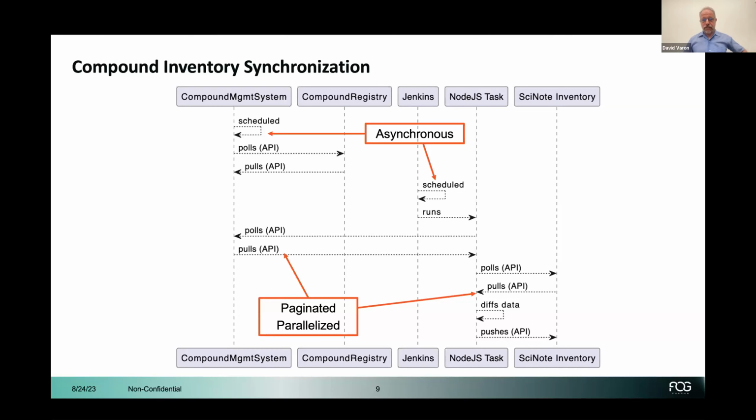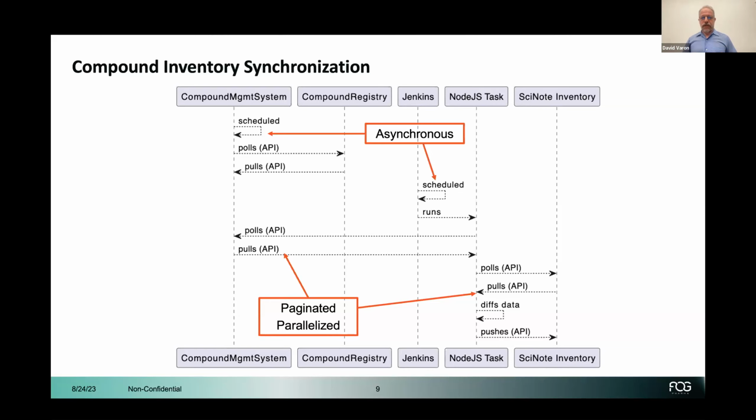There's a lot of data. So tens of thousands of records need to be evaluated to see if there have been additions, deletions, or modifications. And ultimately, our goal is to synchronize the inventory. So we're actually pulling all of the records from both systems and comparing them. We do that in a parallelized fashion. It's paginated.